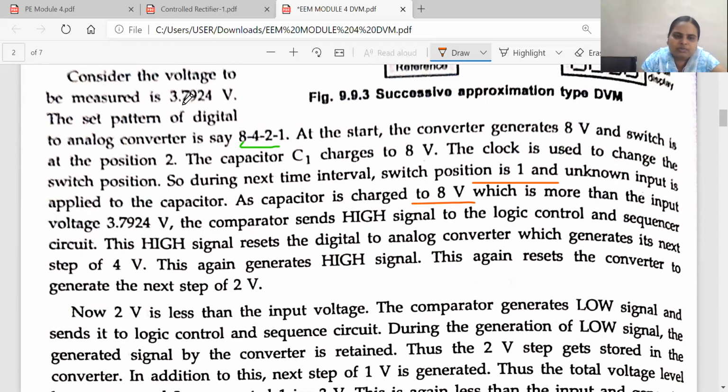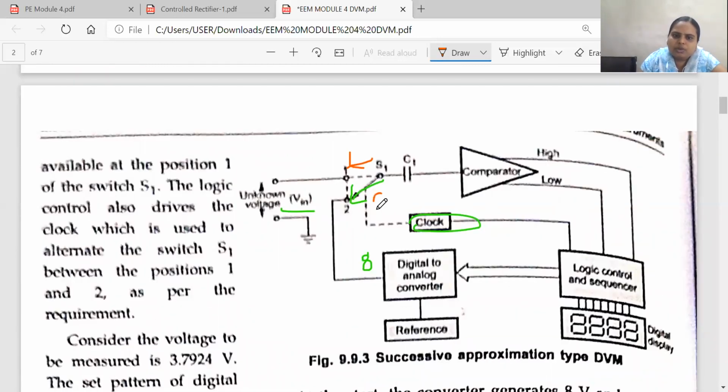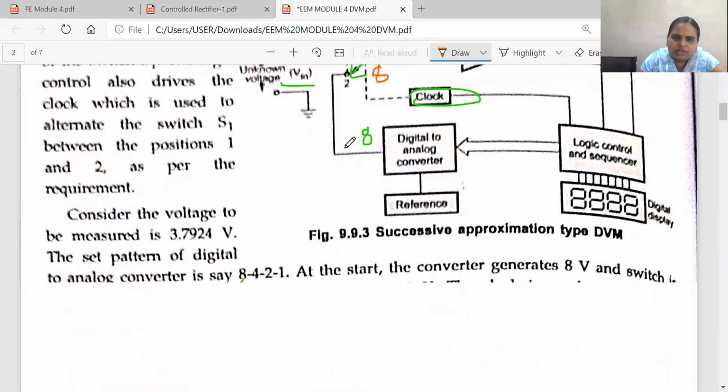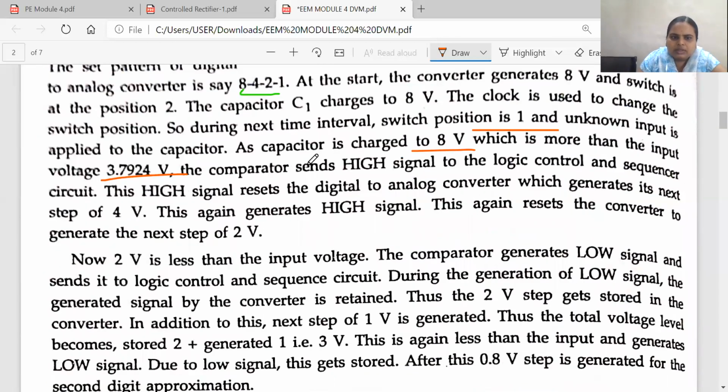What is the input voltage we are going to give? That is 3.7924, right? Here it is 8 volts at position 2. Then at the unknown input voltage of 3.7924, the comparator sends a high signal.